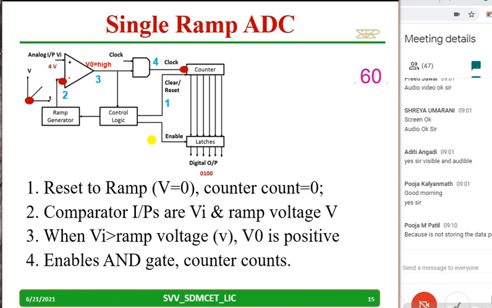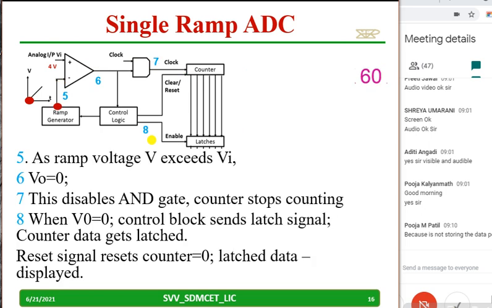The clock will reach the counter and it will start counting, and at some time when the ramp voltage becomes greater than 4 volts, at that time the op-amp will give low and it disables, the counter stops counting, then reset will be sent to the counter, and before that the latch will be set signal.